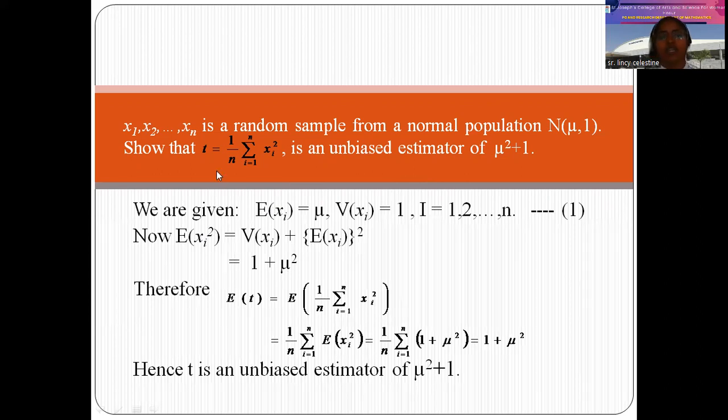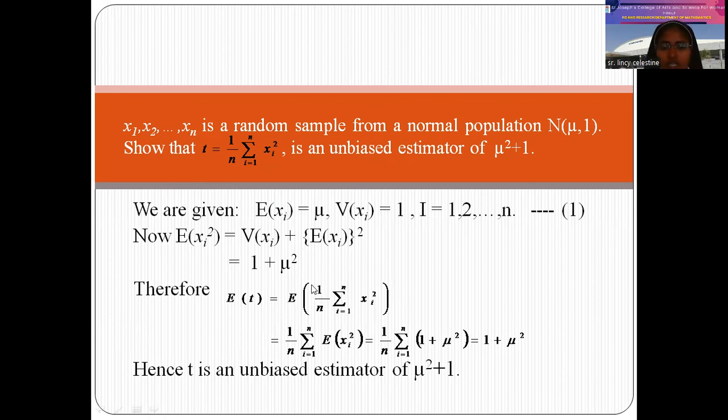Now we have to find the expectation of T, the estimator. So expectation of T is equal to expectation of 1 by n into summation xi squared. Since 1 by n is constant, we will take it out of the expectation using the formula expectation of cx equal to c into expectation of x.